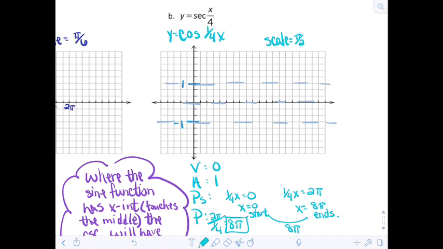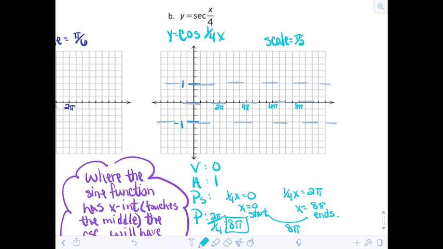So I went 1, 2, 3, 4, there's 2 pi, 1, 2, 3, 4, there's 4 pi, 1, 2, 3, 4, there's 6 pi, and then 1, 2, 3, 4, there's 8 pi. Okay, so that's a scale of pi over 2, but I just labeled every full revolution, every 2 pi. So 2 pi, 4 pi, 6 pi, 8 pi.